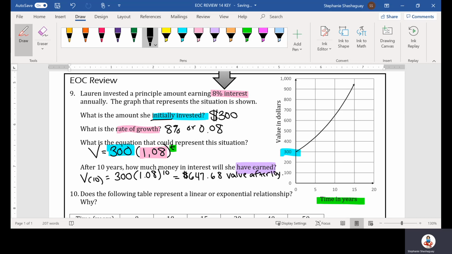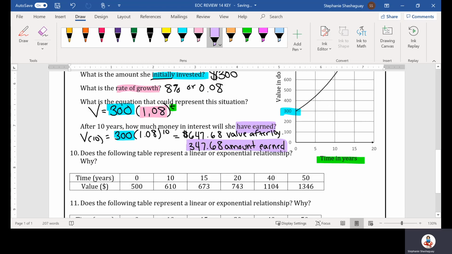But we want to know how much she's earned. So we have to subtract the 300, which was her initial amount, and we get 347.68 is the amount earned. Okay, so understand the difference: 647.68 is the amount in the bank account after 10 years, but the 347 is the amount she earned.